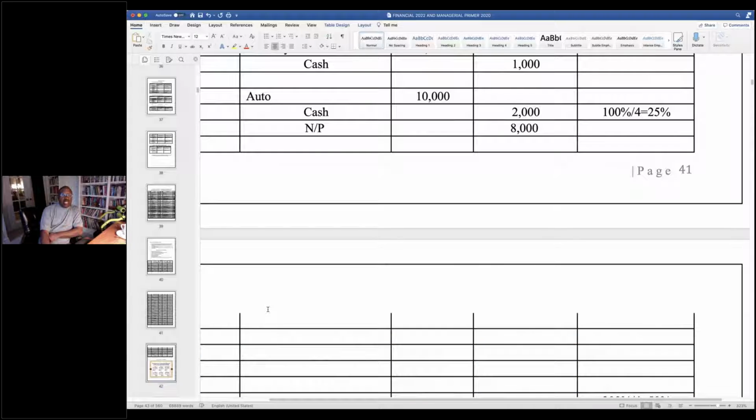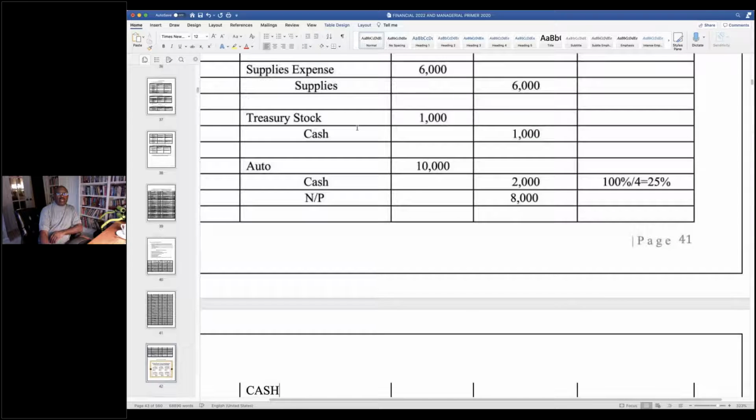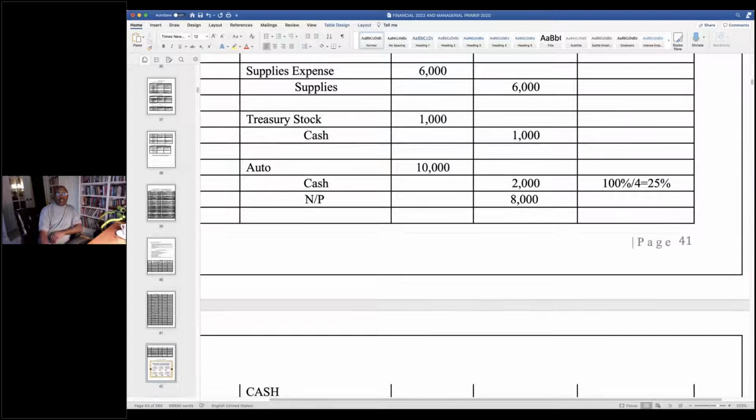Okay, so we know that we're gonna get 3,000 in cash, right? Yes. But how much did the auto cost us? Are we still using 10,000?